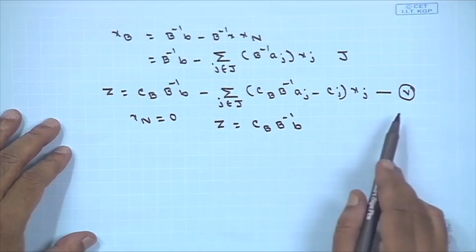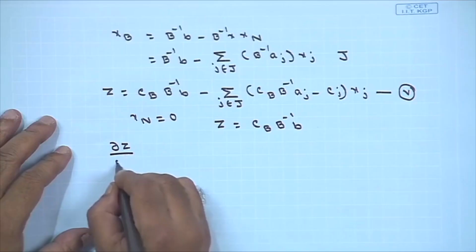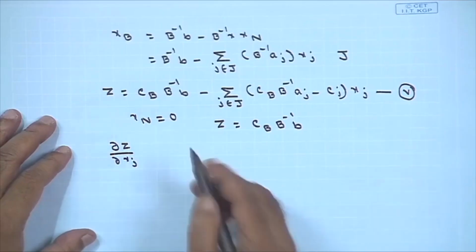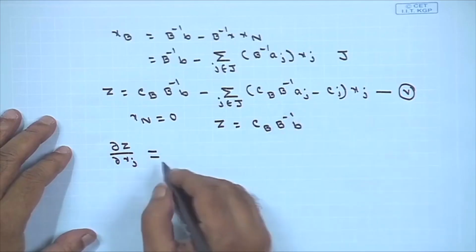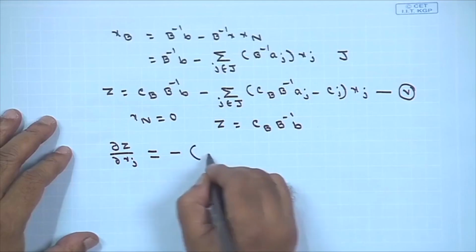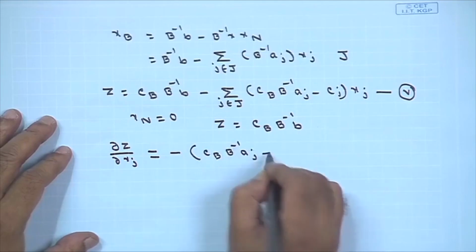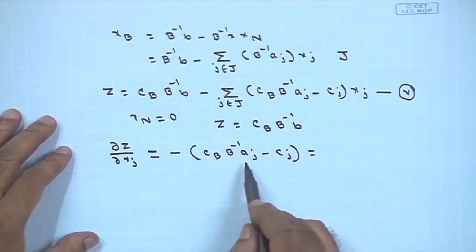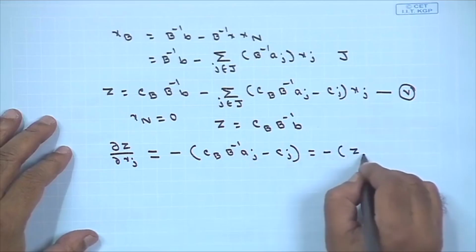Now, from equation 5, if I differentiate z with respect to the variable x_j, del z by del x_j will be equal to minus (C_B B inverse A_j minus C_j), and this C_B B inverse A_j is nothing but z_j.